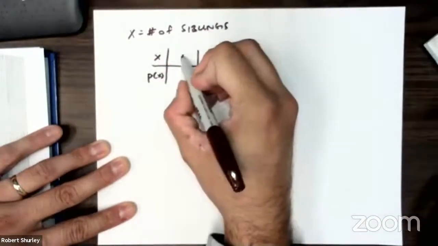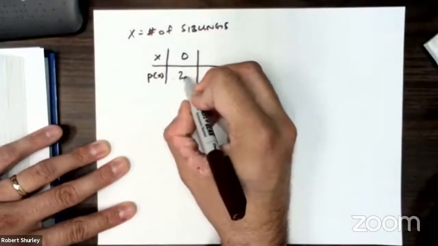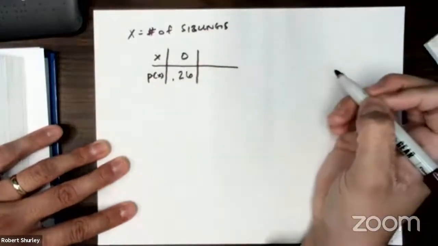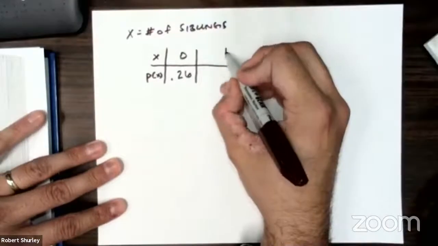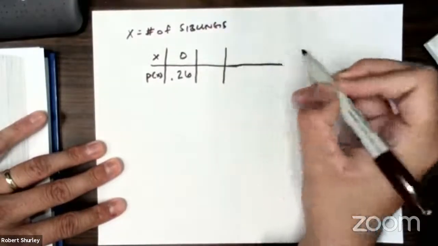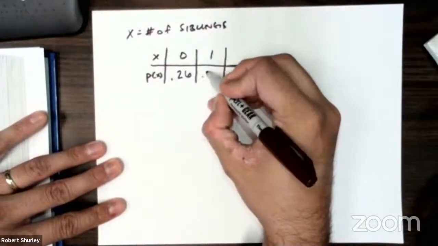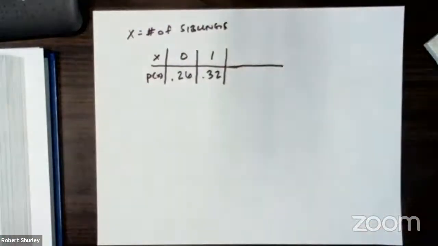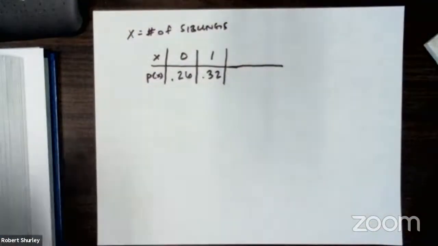And it turns out no siblings wound up being 0.26. That happened 26% of the time. One sibling happened 0.32 of the time.